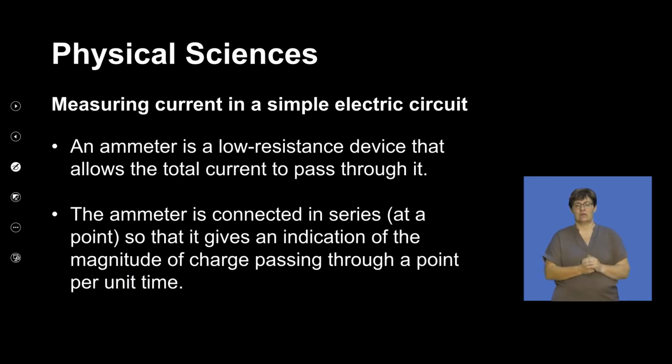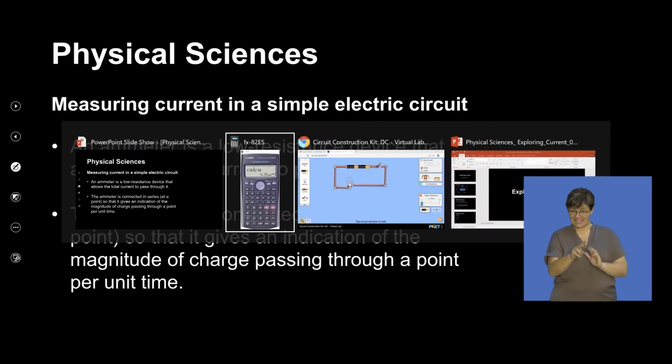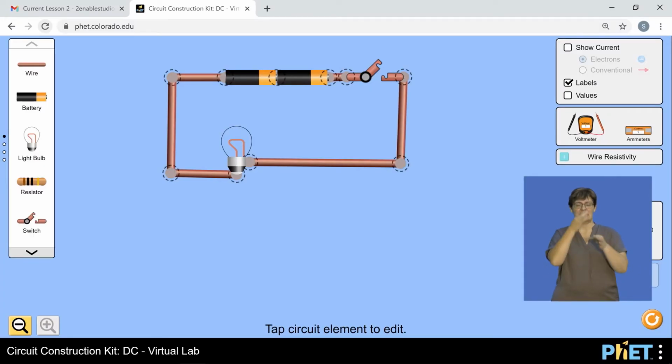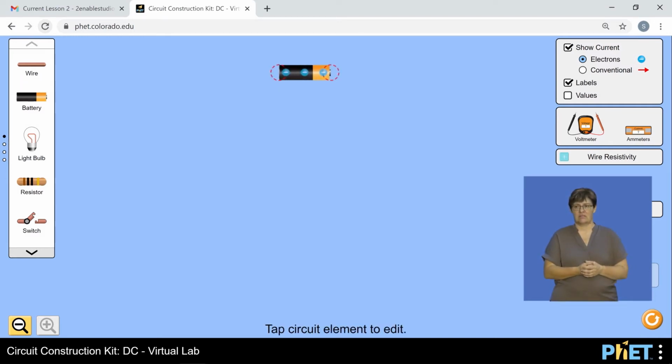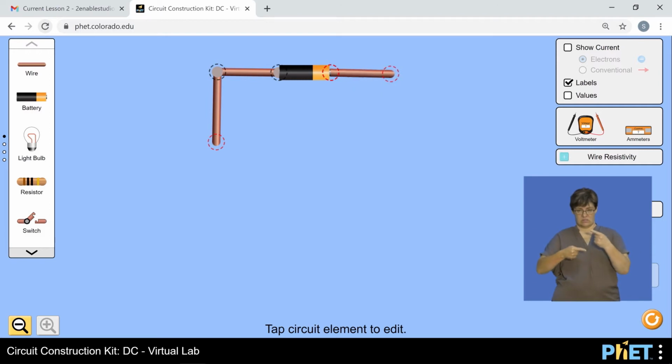But now let's look at measuring current in a simple circuit. Let's go back to our simulation. What do we need in a simple circuit? Let's take just one battery, one cell, and then connect wires, the conductors, to it. Then we can have our switch so that we can break and complete the circuit whichever way we want.